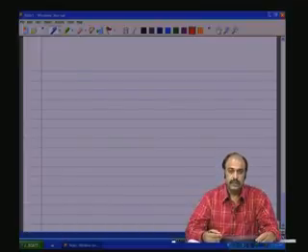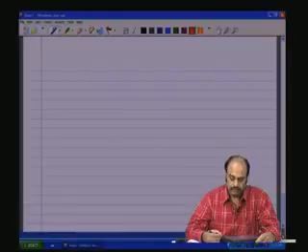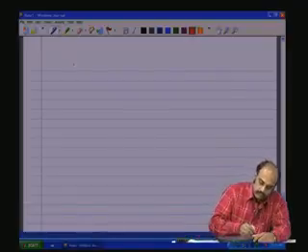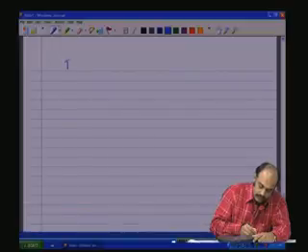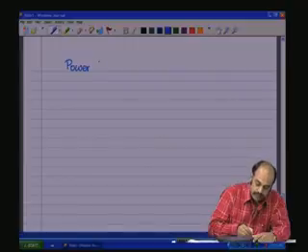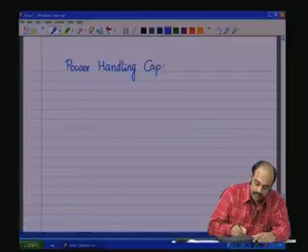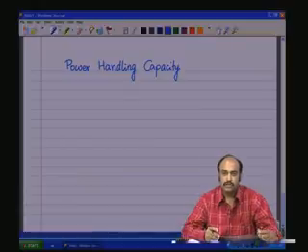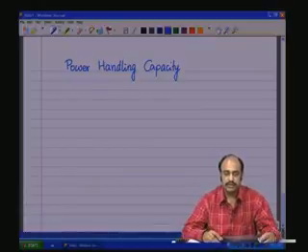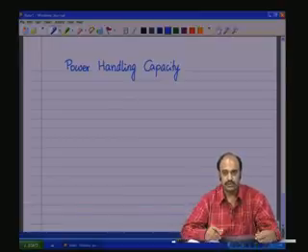Okay, now let us try to understand one more important aspect in the transformer, which is the power handling capacity of the transformer. You have the small transformers, the big transformers, the huge transformers, the oil cooled transformers, so on and so forth.